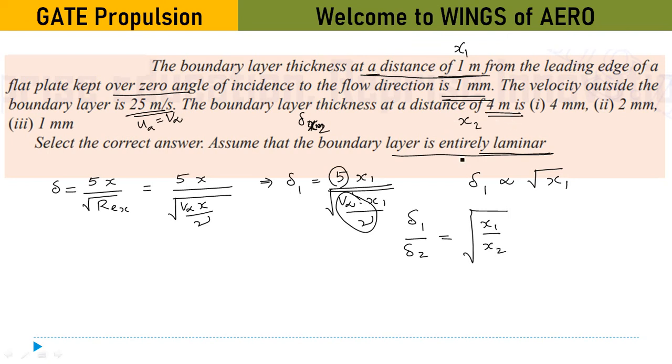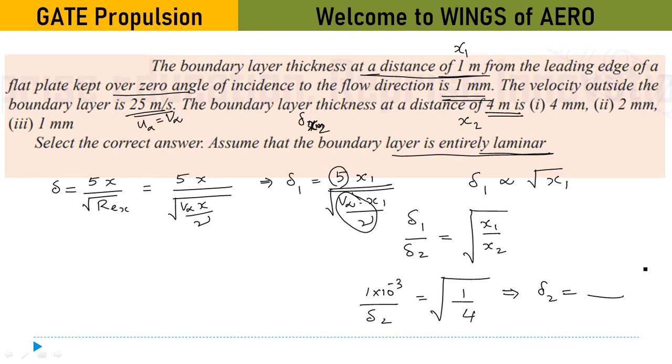Which among these options? 2 into 10 to the power minus 3 meter. The options they have given are in terms of mm, so you can come to the conclusion that 2 mm is the answer. This is a very important thing that you need to take care of, what unit they have asked in this question. Most of you get confused with the units. So these are the tricks that you need to remember, check the units carefully.